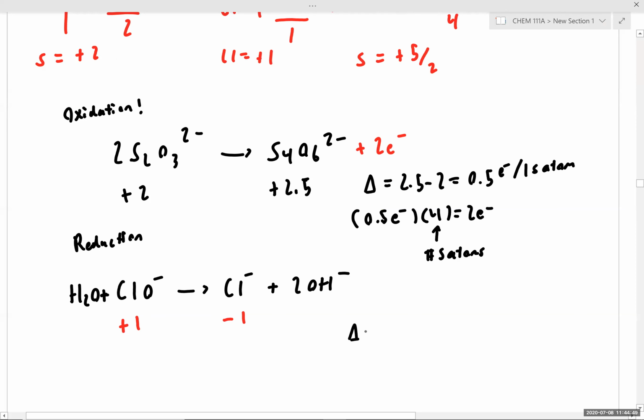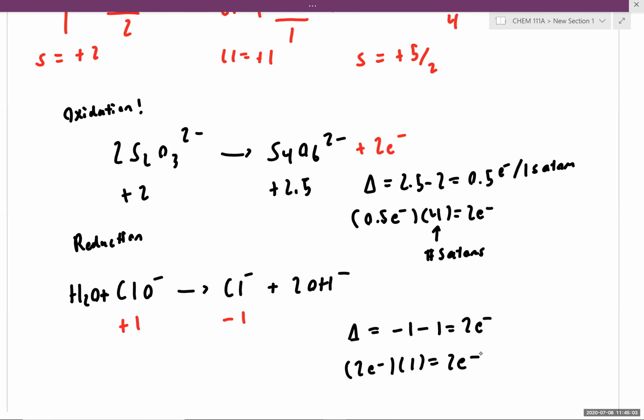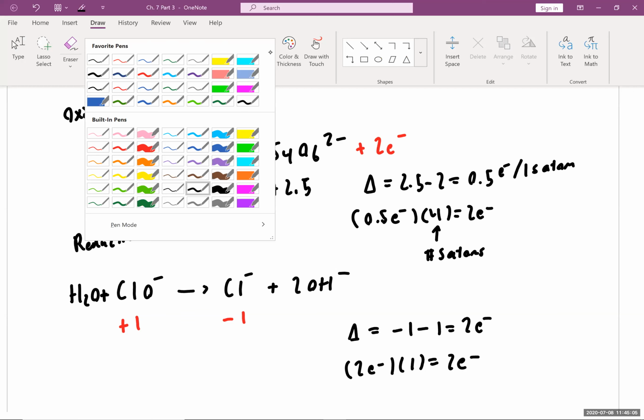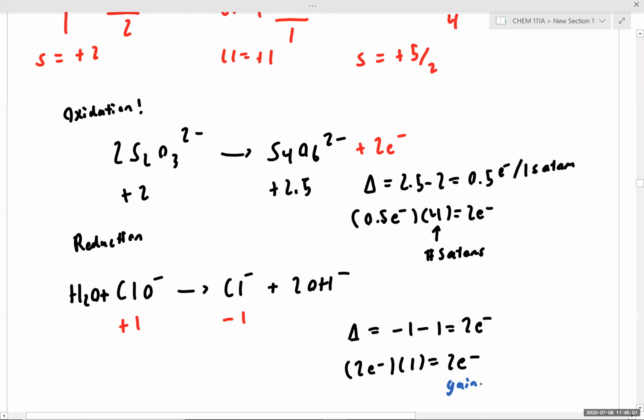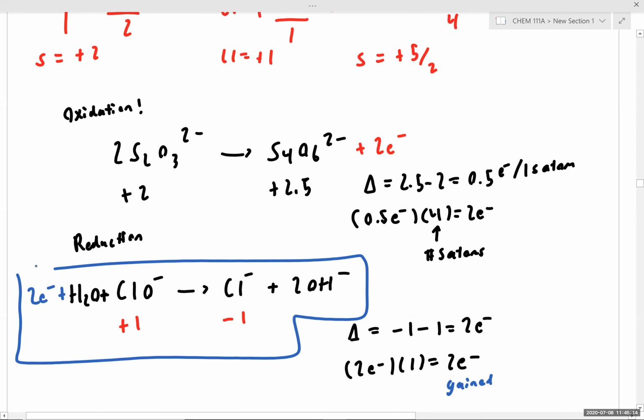So the delta would be 2 electrons. 2 electrons times 1 gives us 2 electrons, and this is 2 electrons gained. So we place our number of electrons on the left-hand side. Does that make sense to everyone so far?